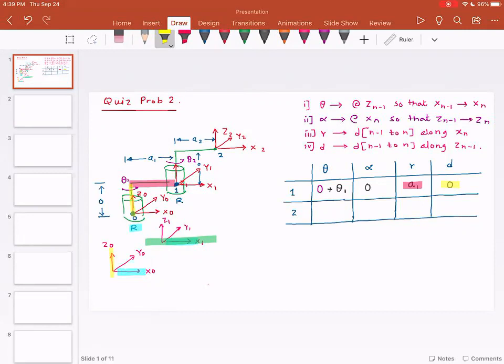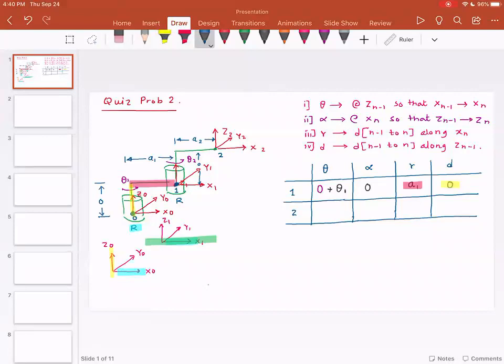The next thing is we have to move on to the second row. For that, theta again is the angle between Zn minus 1 and Xn minus 1. In this case, that would be Z1 and X1.